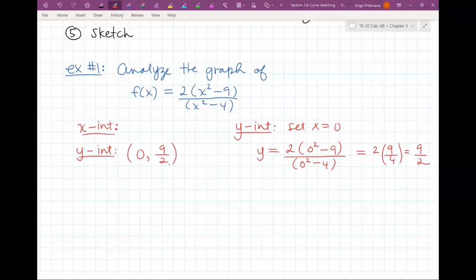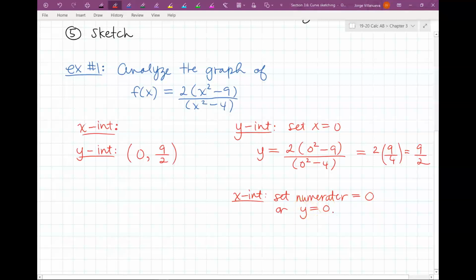Now, if I want to figure out my x-intercept, all you have to worry about is setting your numerator equal to 0, or y equal to 0.